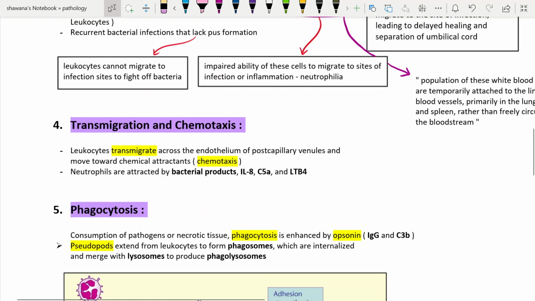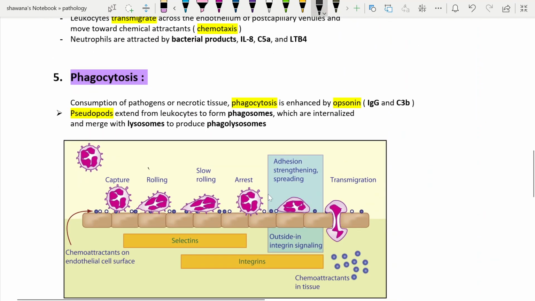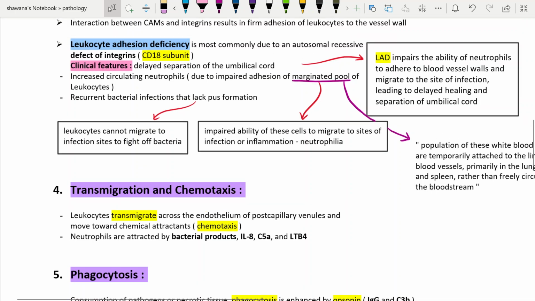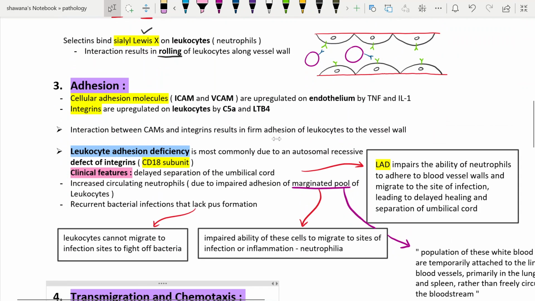Are you understanding that? We have come across this step: rolling. The upregulation of selectins on the endothelium and their binding with the Lewis X on the leukocytes result in the rolling of that particular leukocyte.